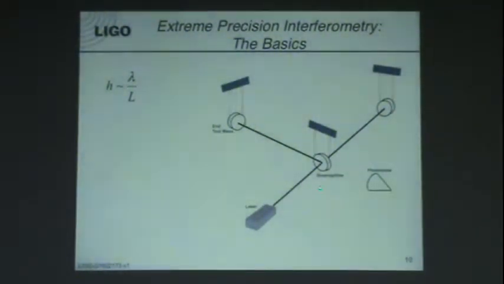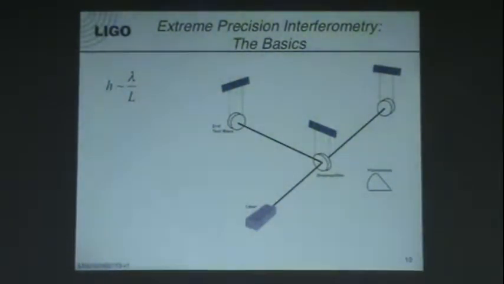Ordinarily, the laser light comes out, it splits at the beam splitter, half of it goes this way, we'll call this the Y arm, half goes this way, we'll call it the X arm. It comes back, and we make the differential distance between the Y arm and the X arm such that the interference pattern comes back and the light goes towards the laser. That's for technical reasons, but it's important to do.